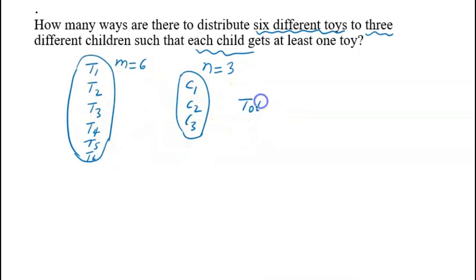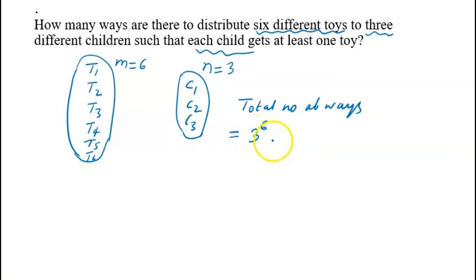What is the total number of ways to distribute the toys? The formula is n to the power m. Here n is equal to 3 and m is equal to 6. So I will take 3 to the power 6.